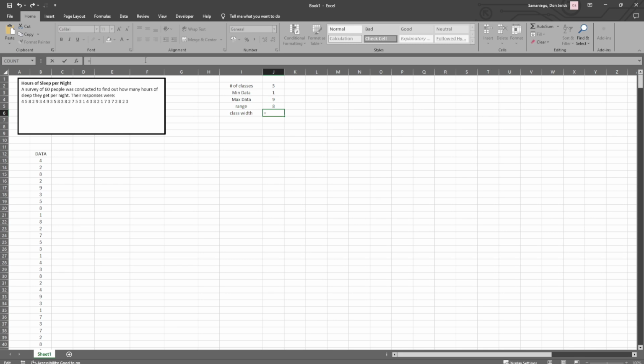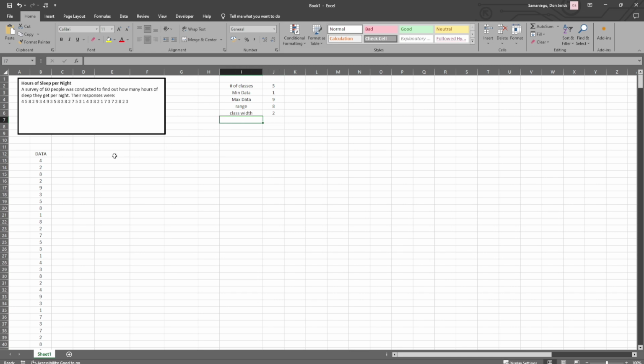Class width is equal to, we need to use the round function, range divided by the number of classes. Then input 0. Enter.